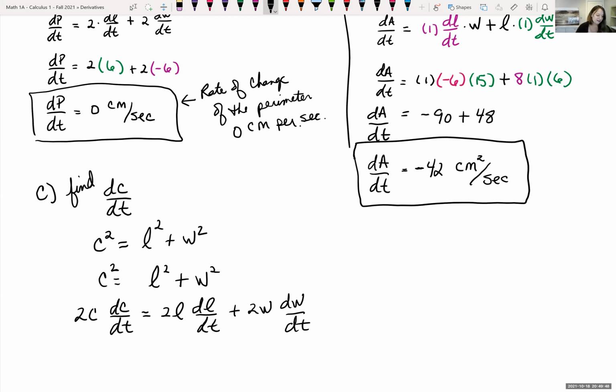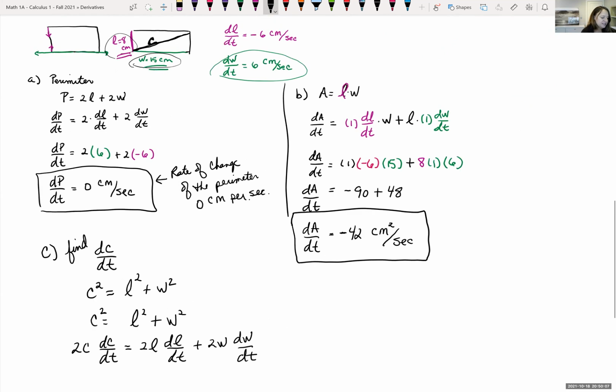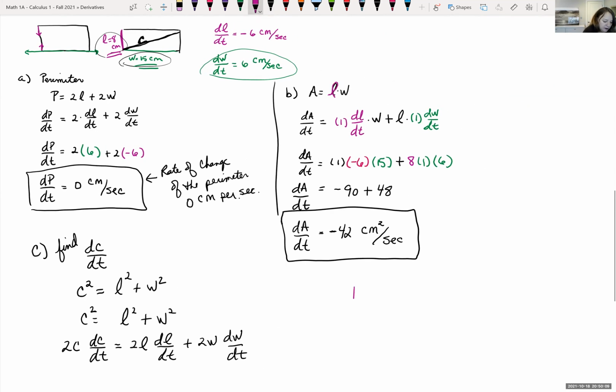The only difference here is, what is my only difference here? I have to divide both sides by 2c, and I actually have to do a little bit of work to find what c is, because we already know what we want our length and width to be, right? And so we had our length of 8 centimeters, and we had our width of 15 centimeters.